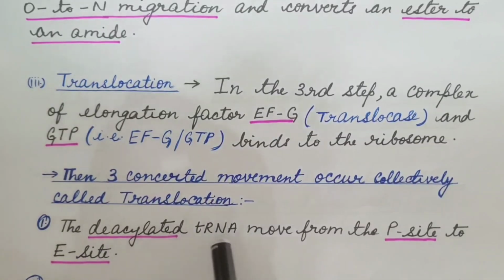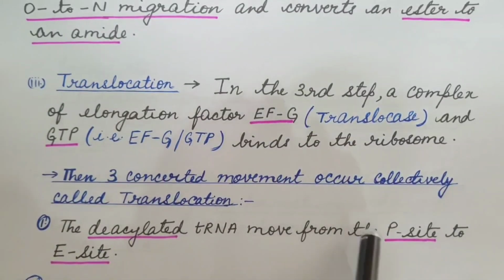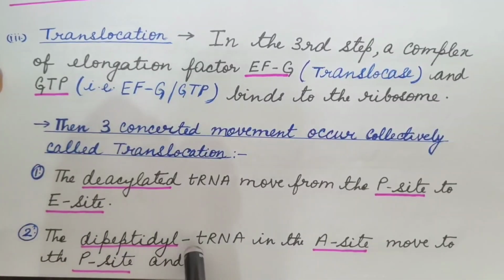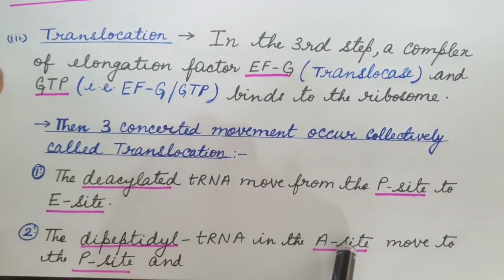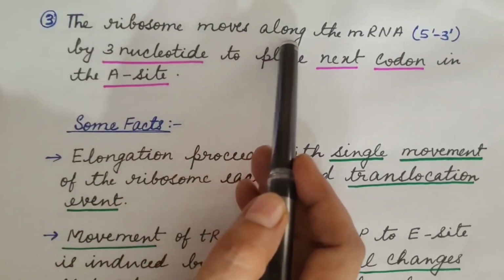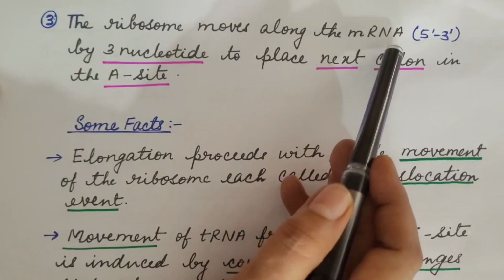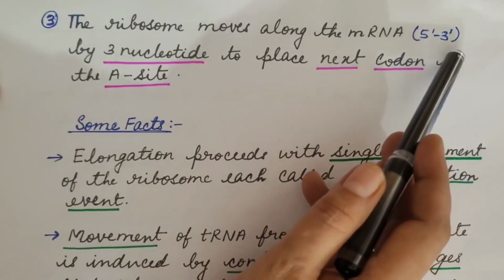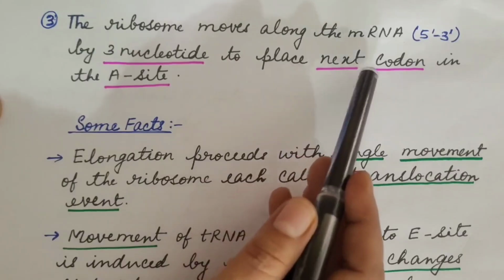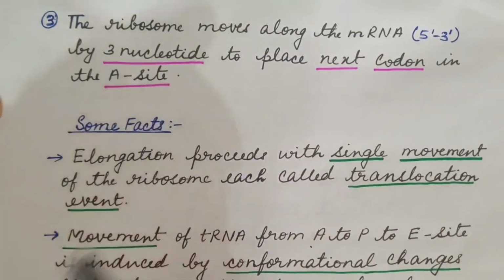First, deacylated transfer RNA moves from the P site to the E site. Second, the dipeptidyl transfer RNA in the A site moves to the P site. And third, the ribosome moves along the messenger RNA, that is in the 5' to 3' direction, by 3 nucleotides to place the next codon in the A site.